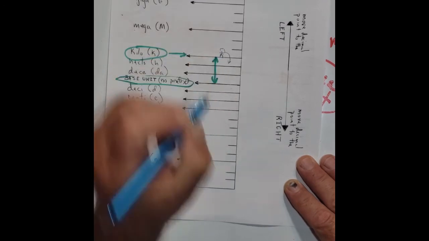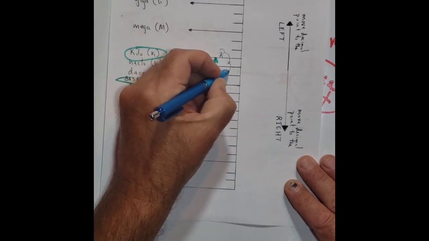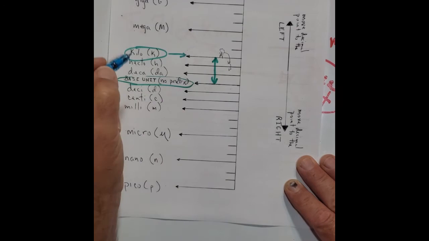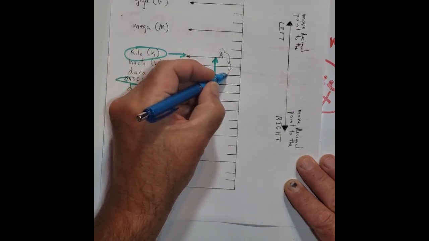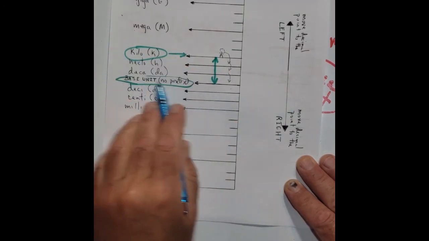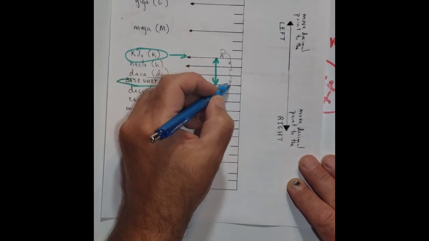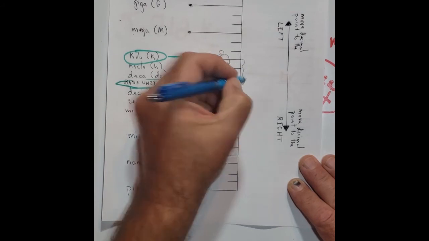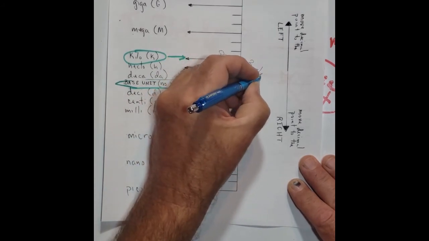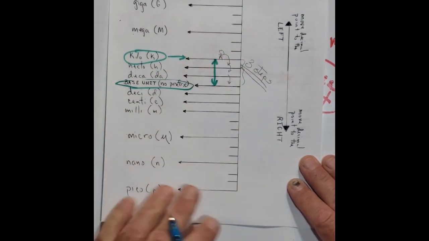You could jump down to the next rung, that's 1 jump. Down to the next rung, that's 2 jumps. And then down to the last jump here, which is where we want to stop at our no prefix. How many rungs do we go? That is 3 steps.